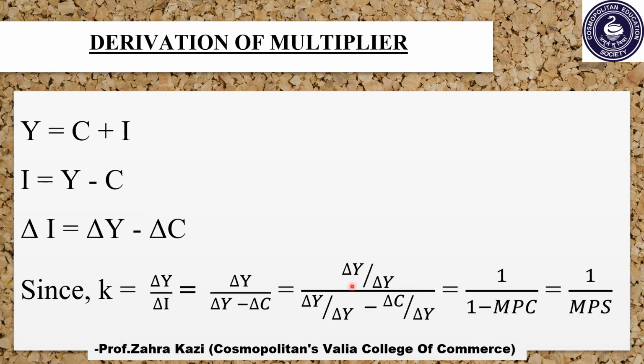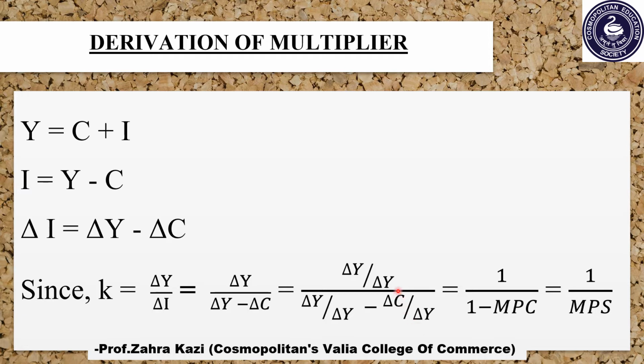After this, the next step will be to divide by the common denominator, that is delta Y, each of these terms. So in the numerator we get delta Y divided by delta Y, and in the denominator both delta Y divided by delta Y and delta C divided by delta Y.